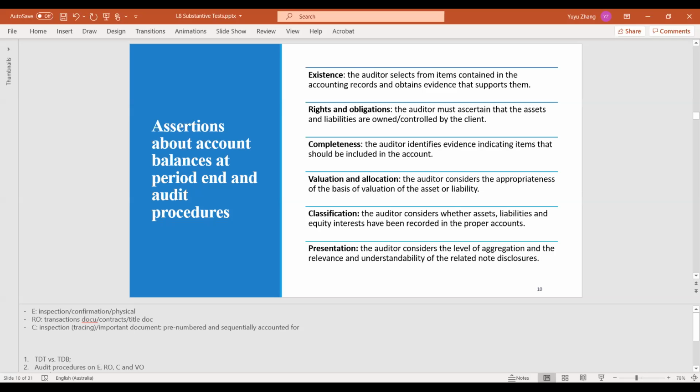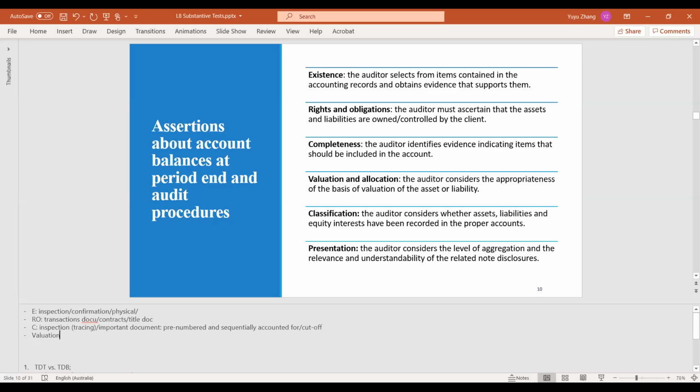And also the other very relevant test would be the cutoff test, which is quite relevant to the completeness assertion and could also be relevant to the existence assertion.